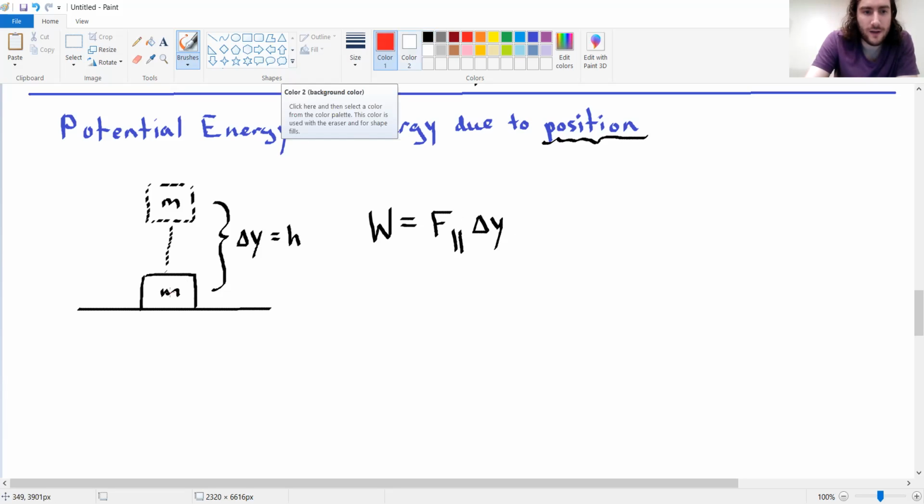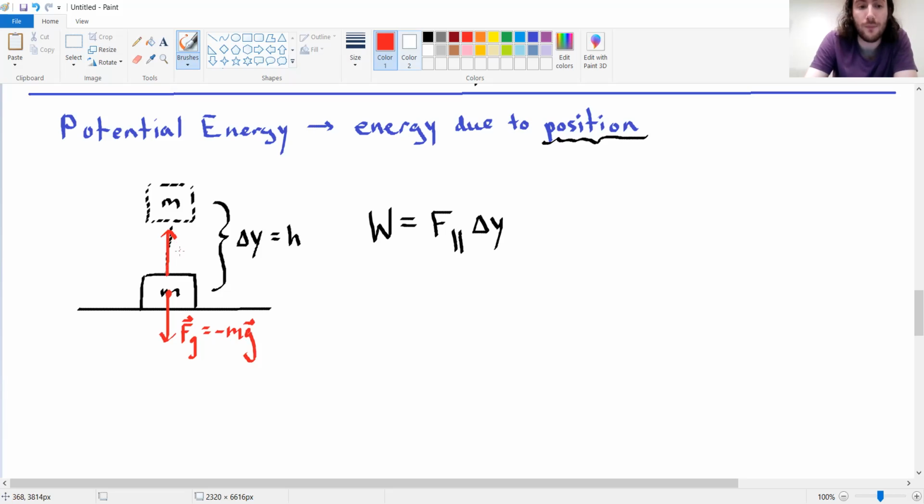The force of gravity is downward, and it is equal to mg, actually with a minus sign. And so we would have to apply a force equal and opposite to that force. If we wanted to move this mass up, we would have to at least match that force.